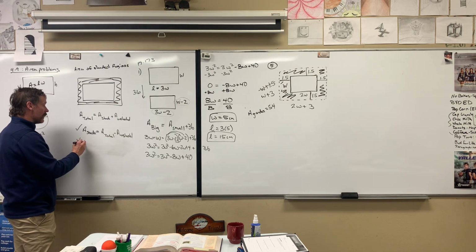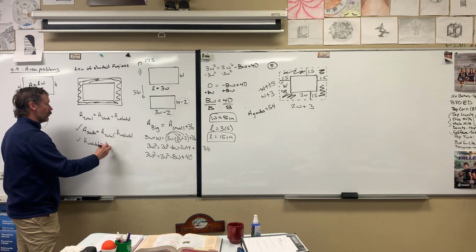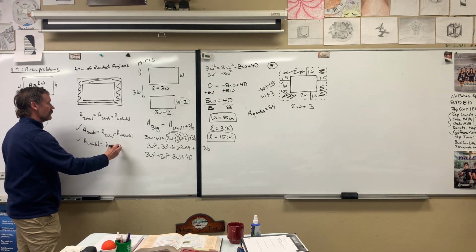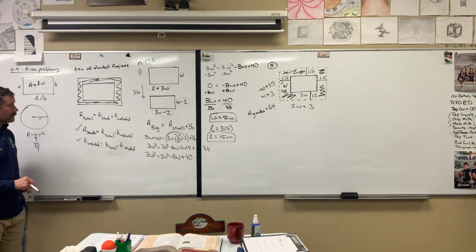Or the other way is to say the area of the unshaded is equal to area total minus area of the shaded. That's another one we could state.